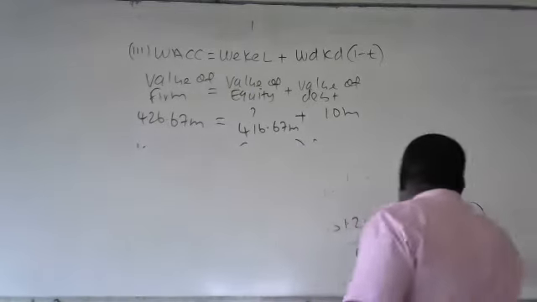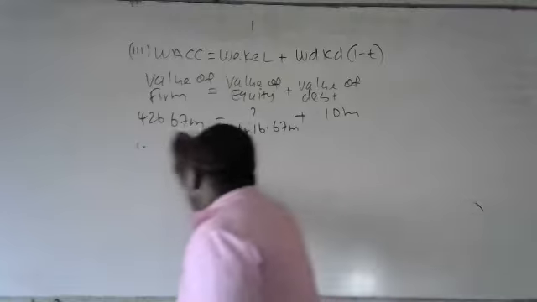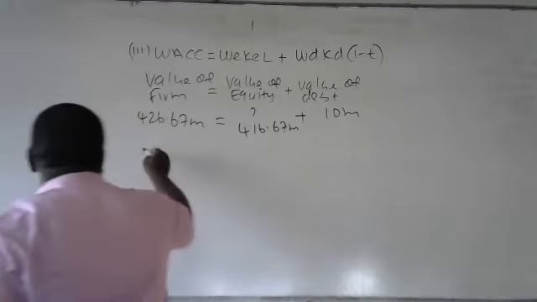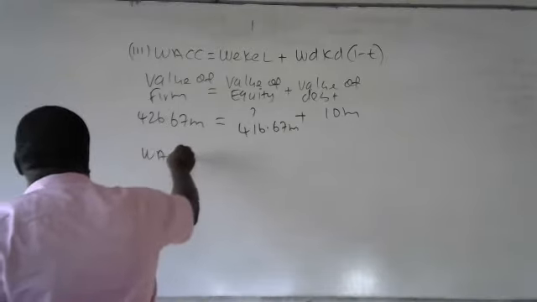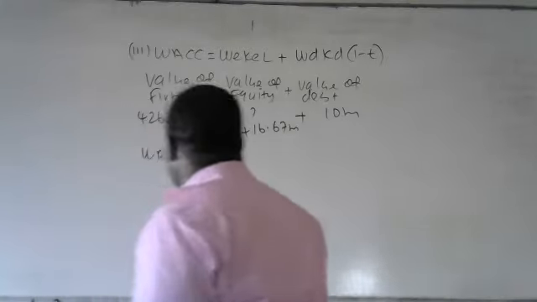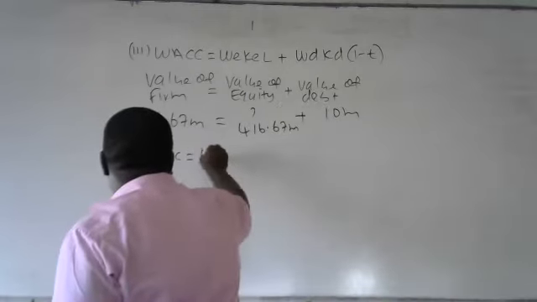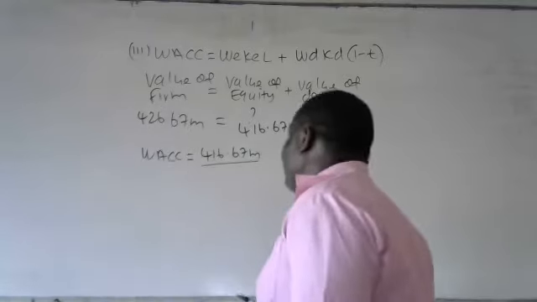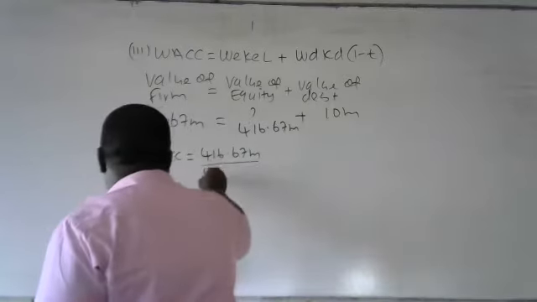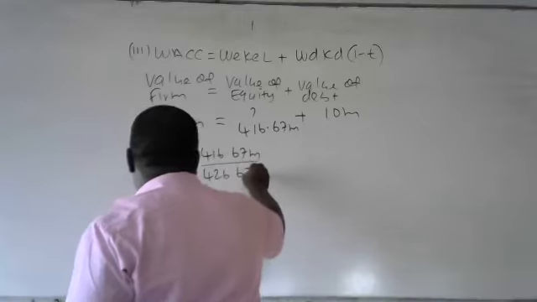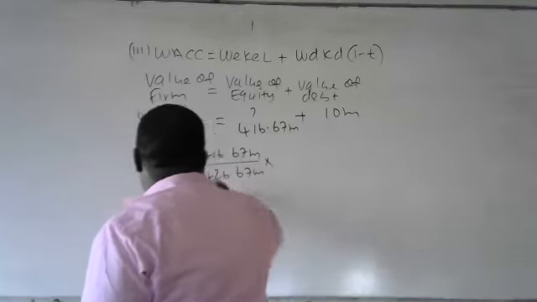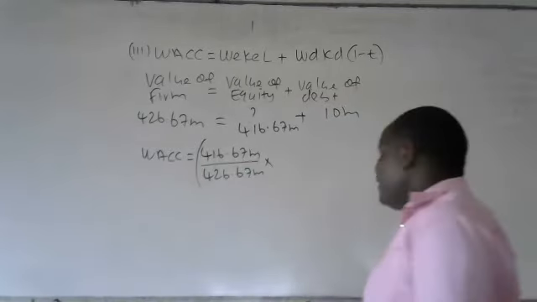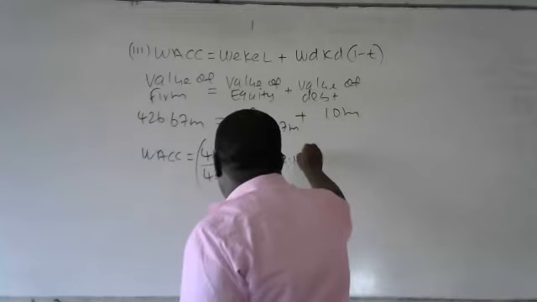So to compute the WSC, WSC will be equal to the weight for equity, you take 416.67 divided by the total value of the farm, 426.67, multiplied by KEL, which is 12.12.